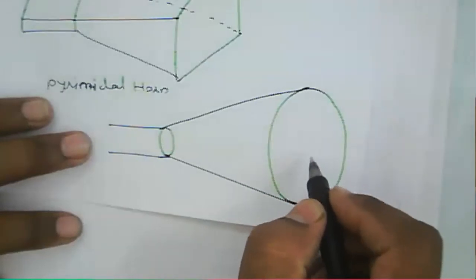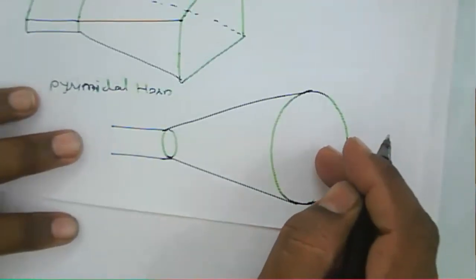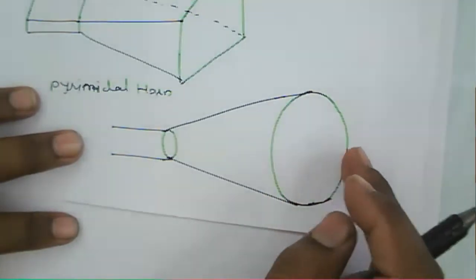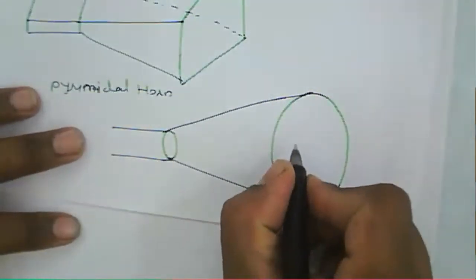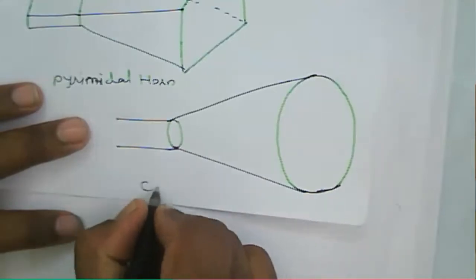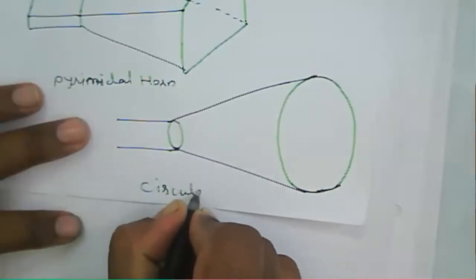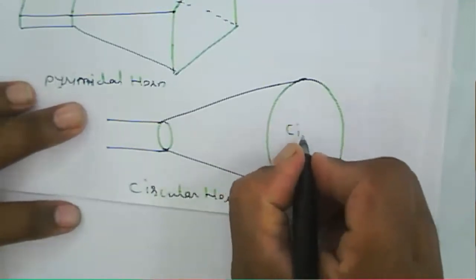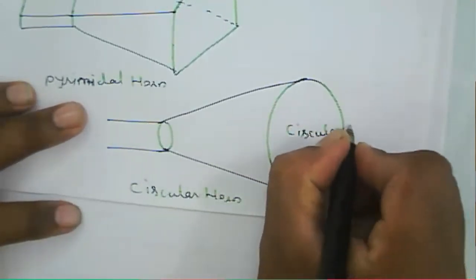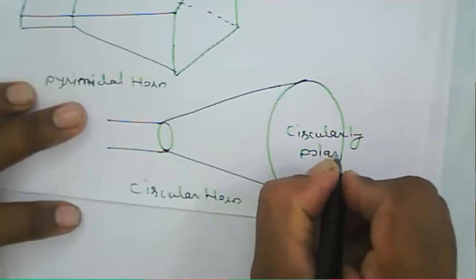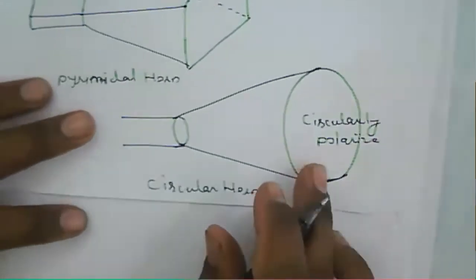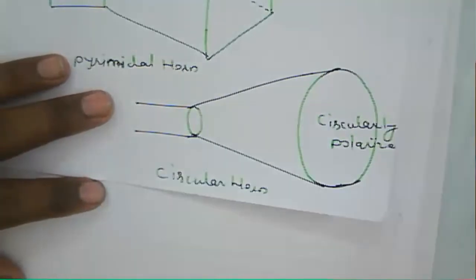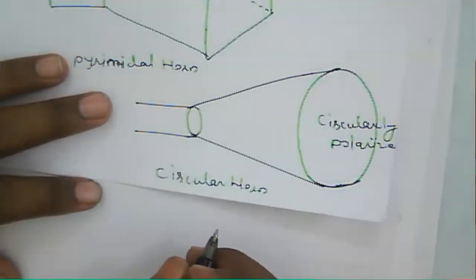In the case of a circular one, the output of this circular horn antenna is a circularly polarized wave. That is the output of the circular horn antenna.